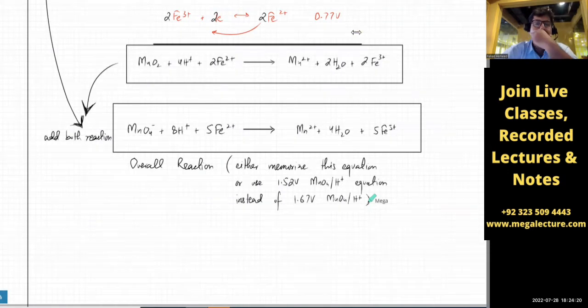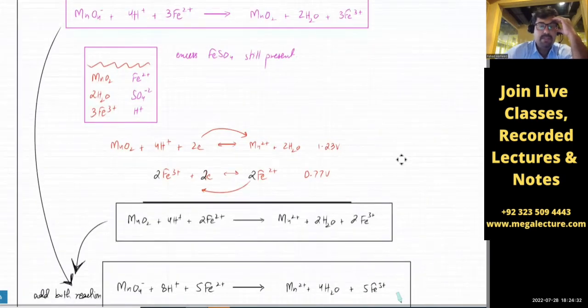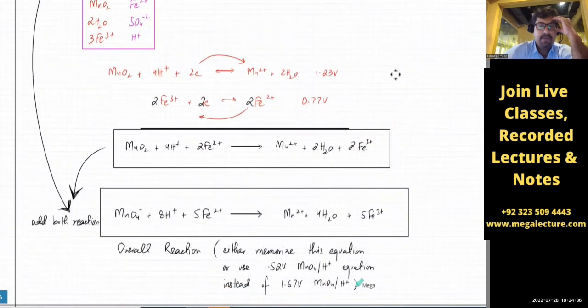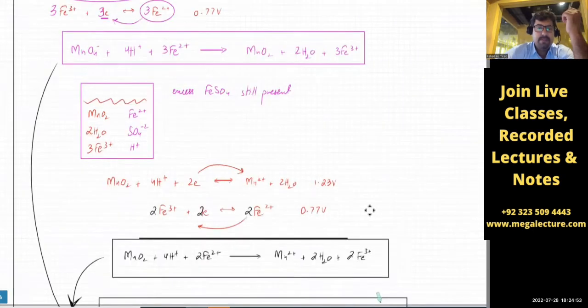In the end it would be the same. Even if they don't tell you that it's in excess, think of the first molecule of MnO4, like you're doing a titration, adding Fe2+ from above.